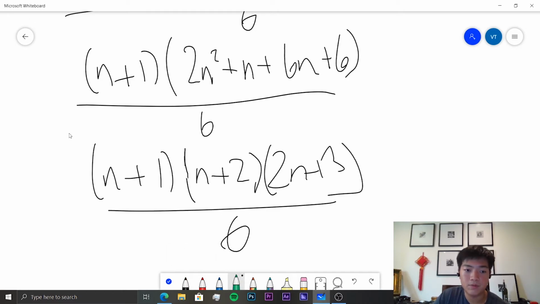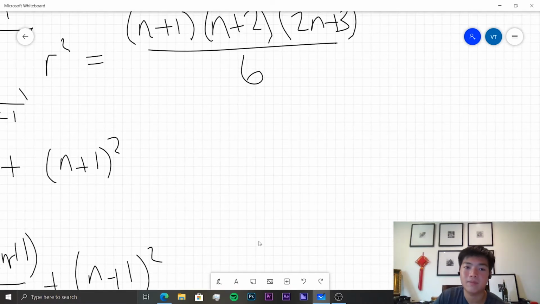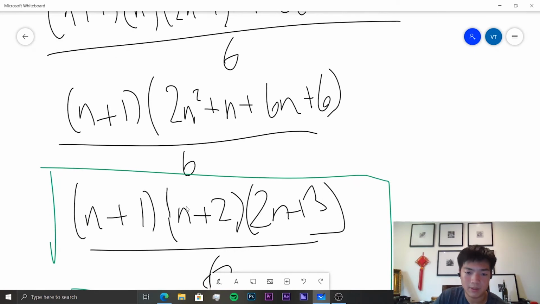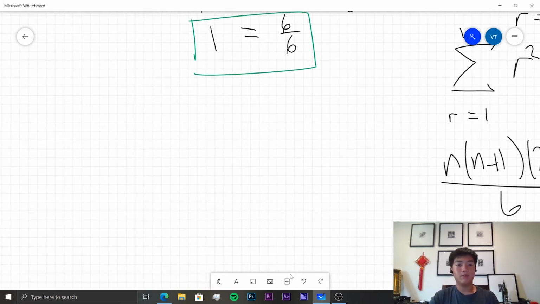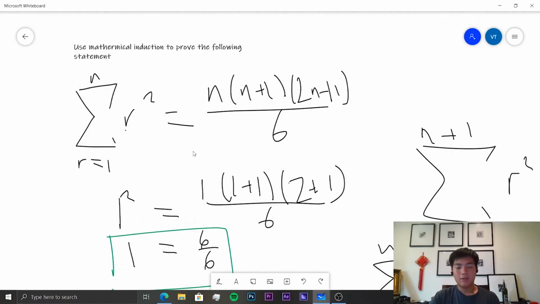Since we've proved this inductive case, it should equal what we have up here, which it does: n plus 1, n plus 2, 2n plus 3. So we've proved the inductive step, and since we've proved that it works for the basic step, through mathematical induction, we've proved the statement to be correct.